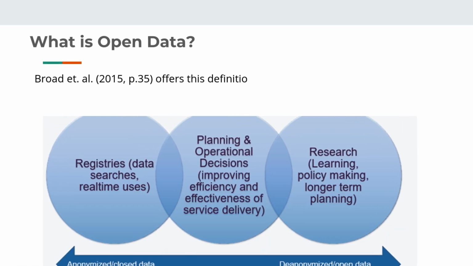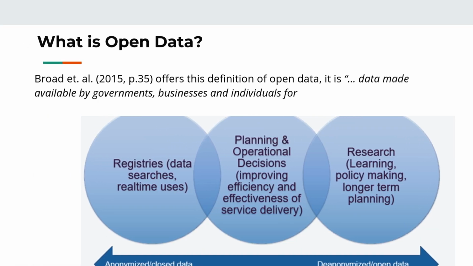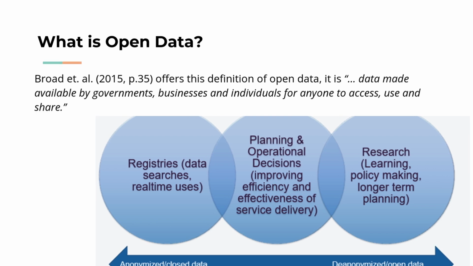What is open data? Broad et al. 2015, specifically on page 35, offers an interesting definition of open data. And this is what they say. Open data is data made available by governments, businesses, and individuals for anyone to access, use, and share.